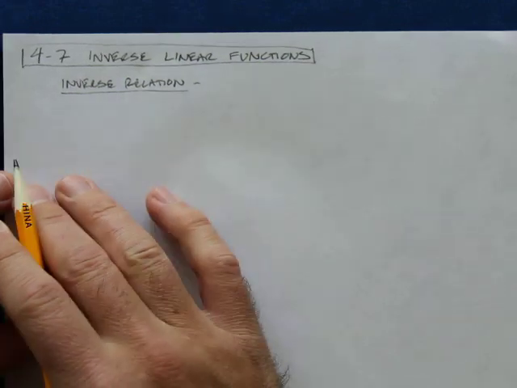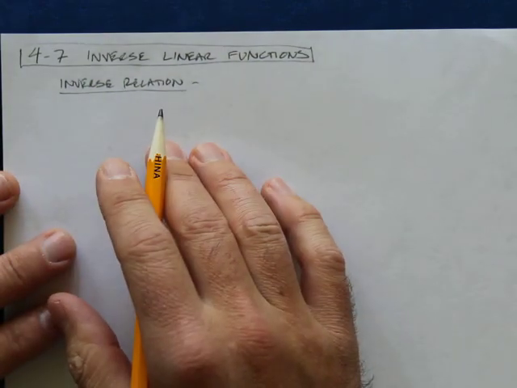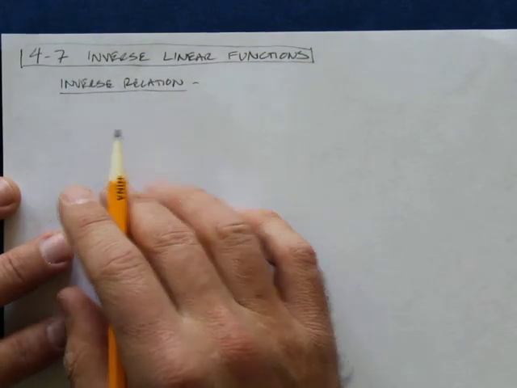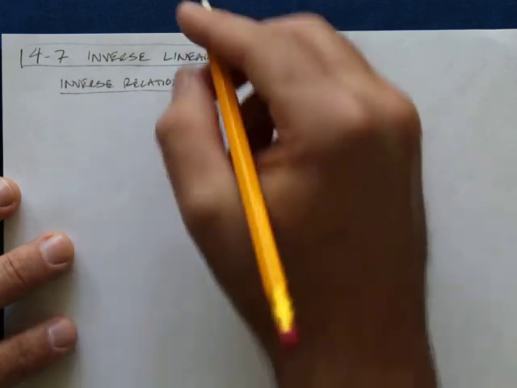is a set of ordered pairs obtained by exchanging the x-coordinates with the y-coordinates.